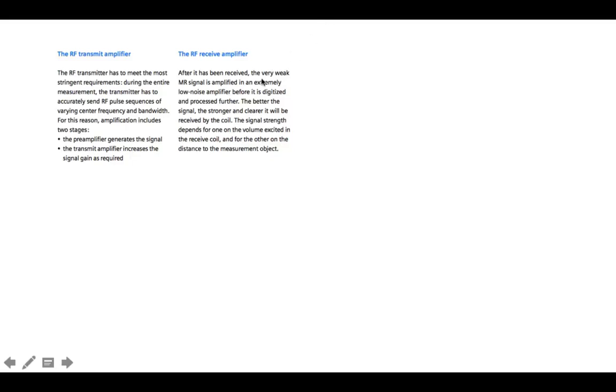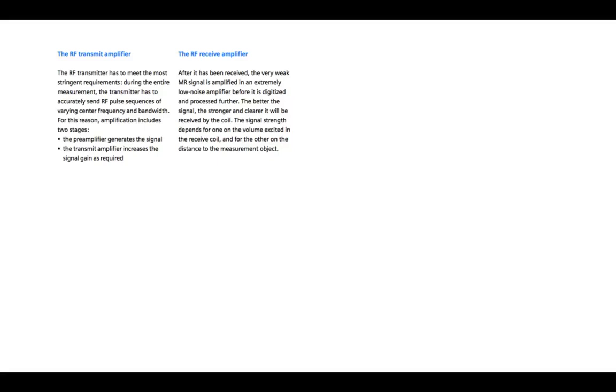The receiver deals with a very weak MR signal. So when it comes out, the signal to noise ratio is very poor. What you're measuring is very small. You have to amplify that in an extremely low noise amplifier before it's digitized and processed further. The better the signal, the stronger and clearer it's going to be received by the coil.